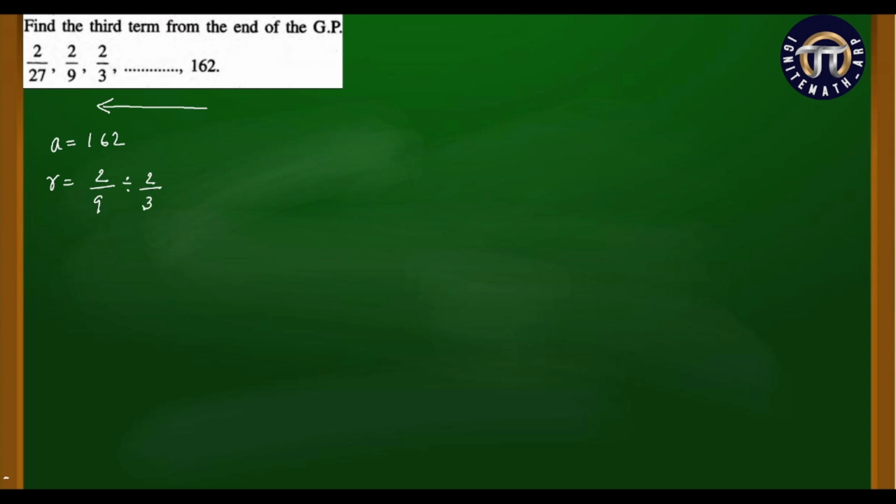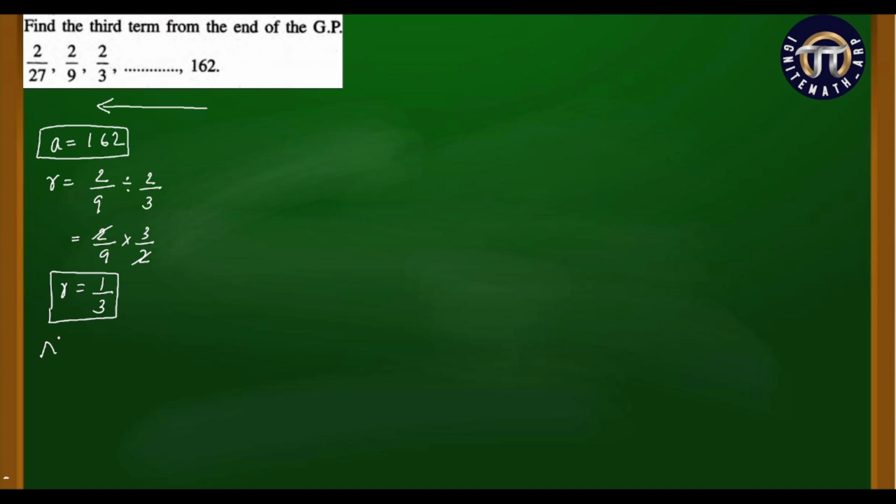Suppose you were going in the forward direction, then you would have divided 2 by 3 by 2 by 9. Since you are coming in the backward direction, you should write 2 by 9 divided by 2 by 3. So I can write this one as 2 by 9 multiplied by 3 by 2. So 2 will get cancelled. R will be equal to 1 by 3. So I know what is A and I know what is R. So what you are supposed to find out is the third term from the end.